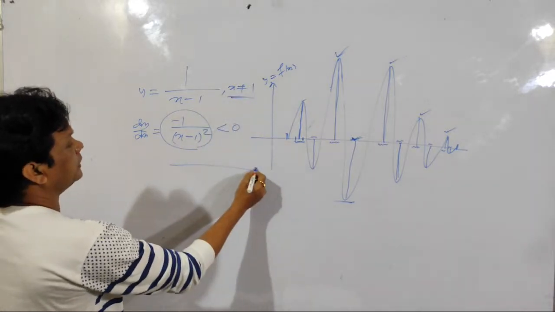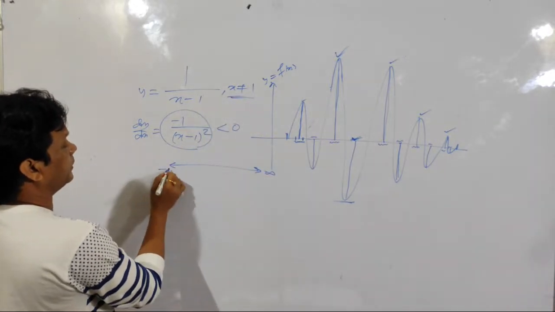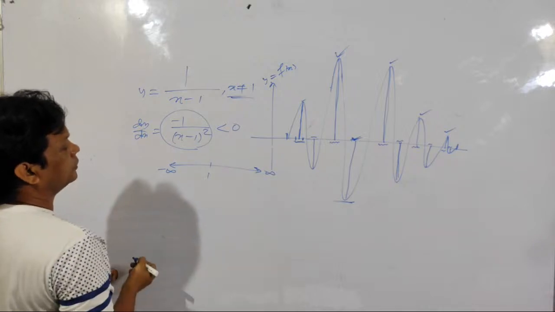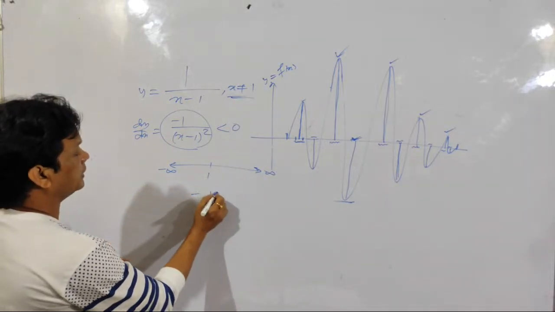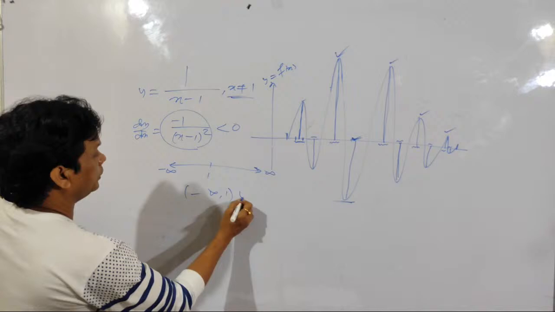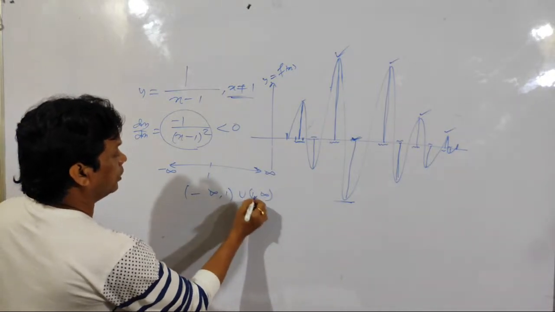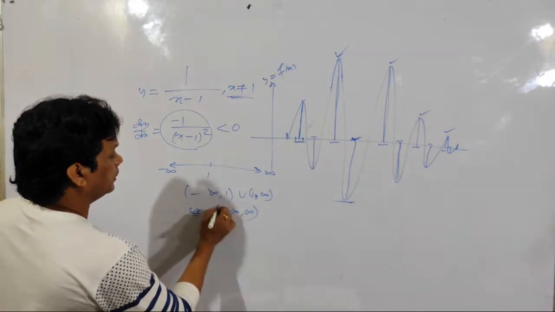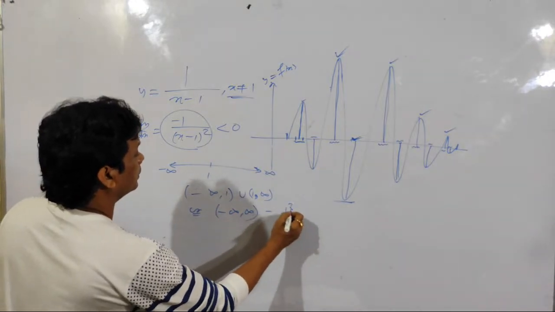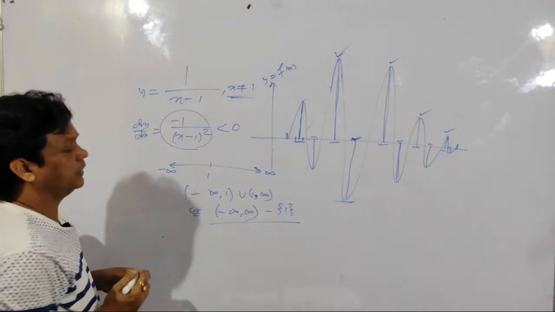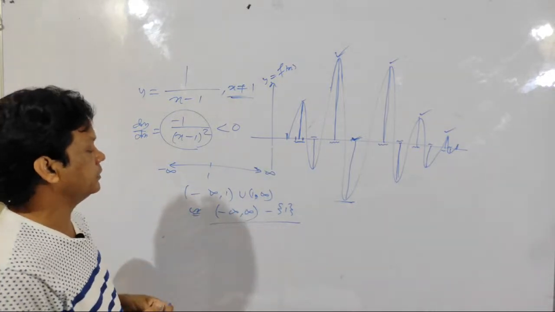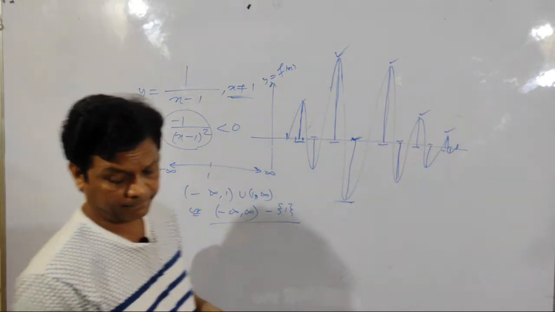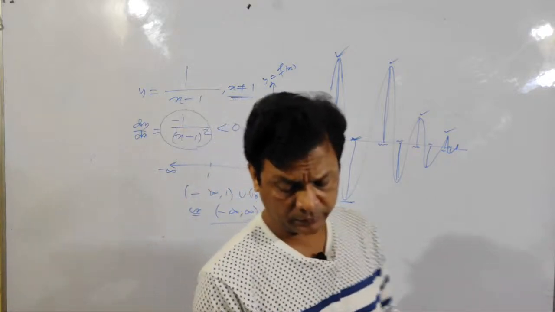That means, see here, this is infinity, this is minus infinity, this is 1. So you may write the interval as like this, minus infinity to 1 union 1 to infinity, or you may write minus infinity to plus infinity minus 1. Like this also you can write, anything you can write. Clear?